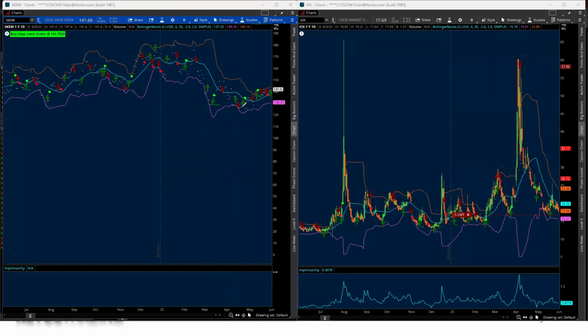And so where this becomes valuable is the skew print will often give us a good leading indicator of volatility in the VIX. So it's an inverse correlation. When the skew index is high, this is back in January, February. If we go back to January, February here, we're seeing low VIX prints.